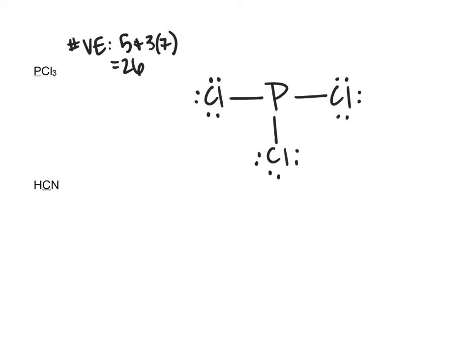So now all of our outer elements have octets, so let me highlight this so you can see as I go: 2, 4, 6, 8 electrons around chlorine, 2, 4, 6, 8 here, 2, 4, 6, 8. Now, if you total that up, we've only used 24.